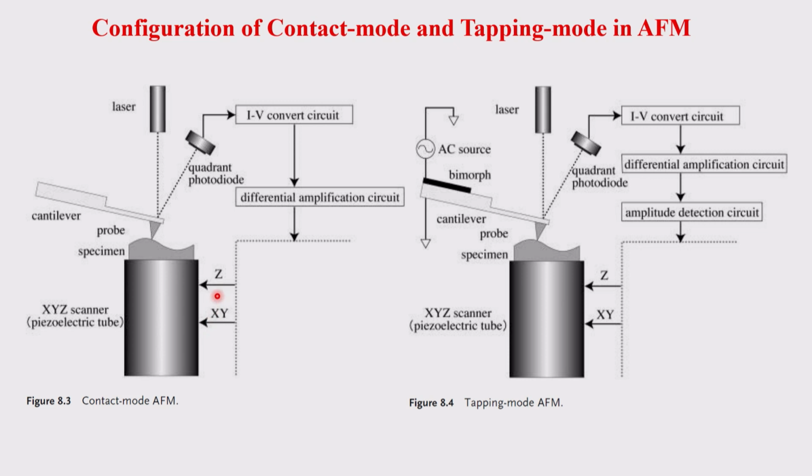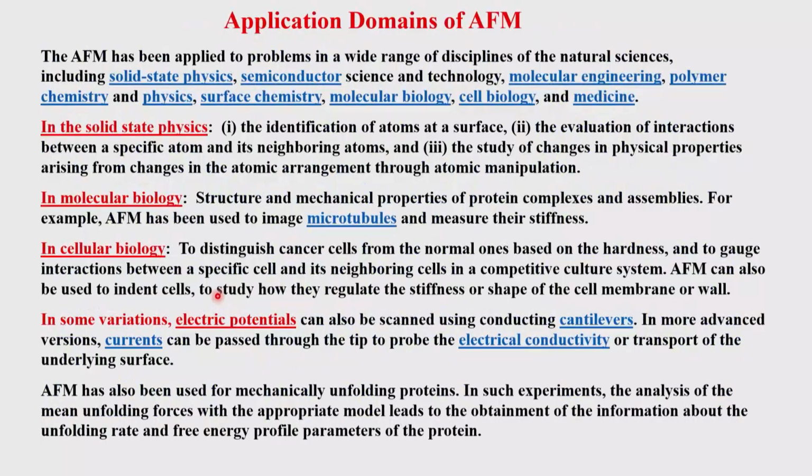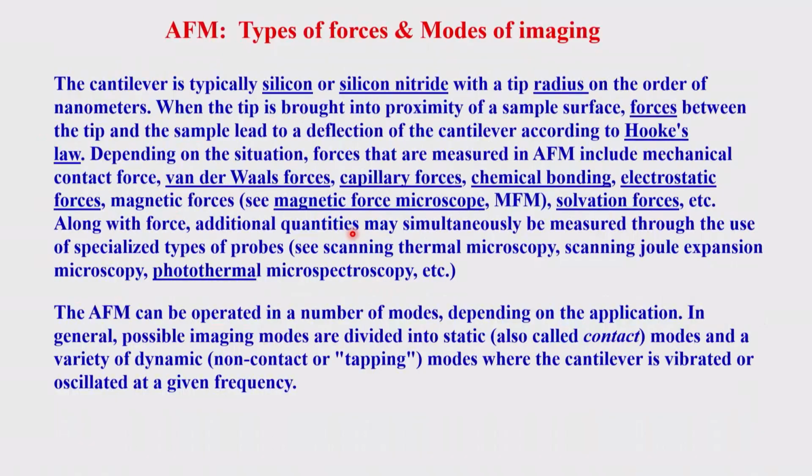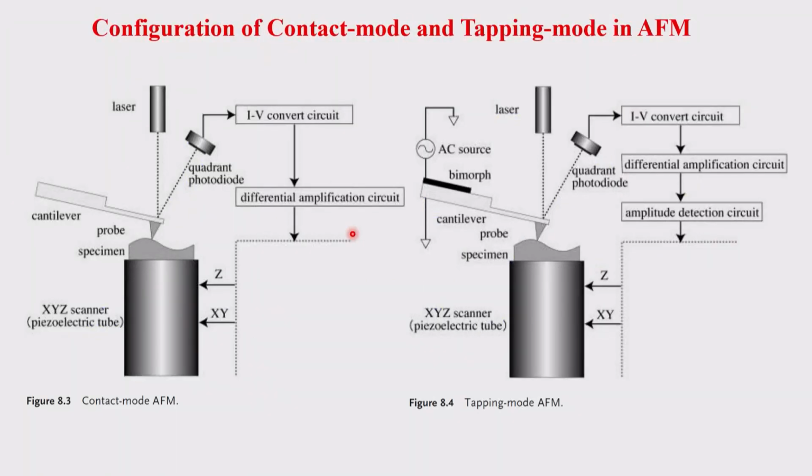This I've already explained to you earlier, how the AFM in principle functions. Using that as the basis, you can measure the XY and you can measure the Z axis as well.